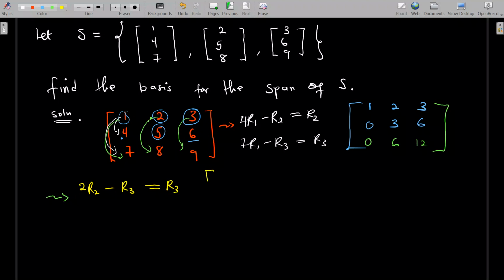And so I'm going to have 1, 2, 3, 0, 3, 6, 0. 2 times 0 minus 0 is still 0. Now 2 times 3, which is 6, minus this 6, is 0. And 2 times 6 is 12, minus 12 is actually 0.